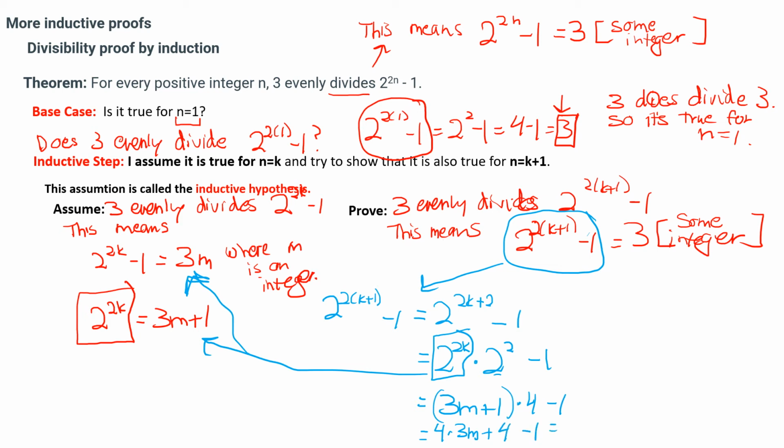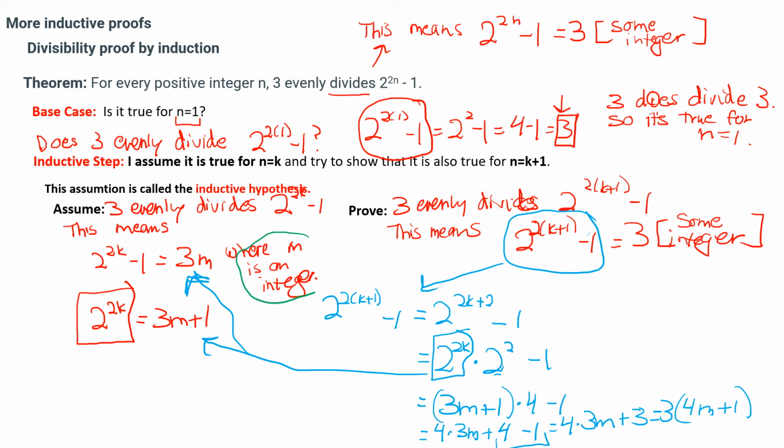And then I'll write that as 4 times 3m plus 3, right? 4 minus 1 is a 3. And now I'm going to factor out the 3. And what's left? 4m plus 1.